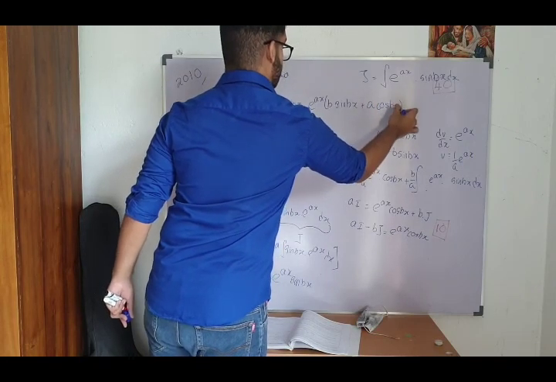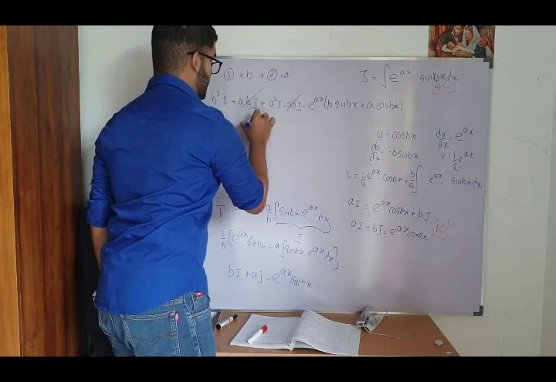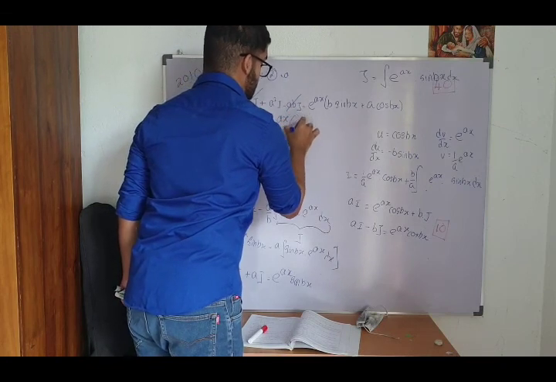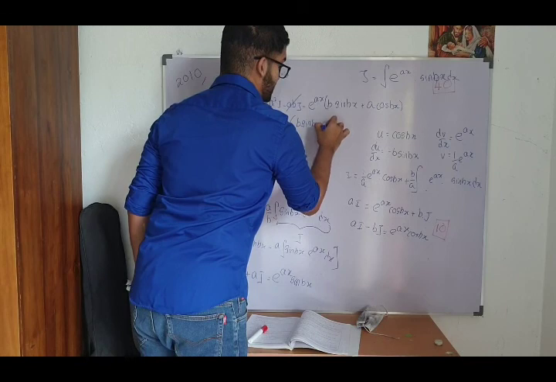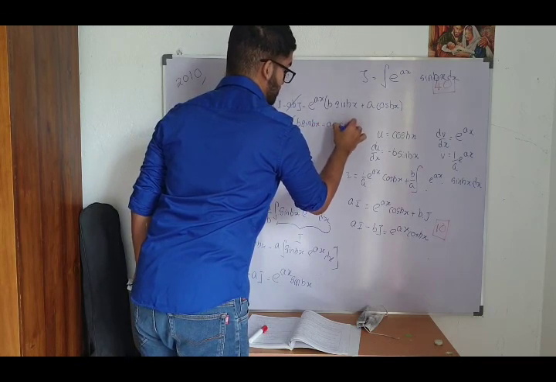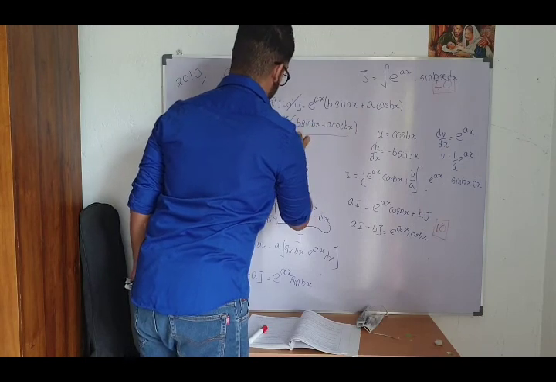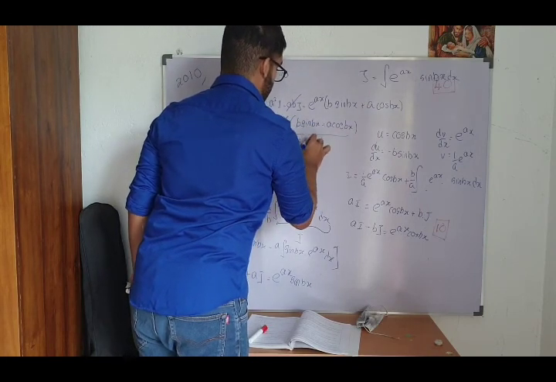So now you can cancel this and this out, and then you get I equals e^(ax) times b sin bx plus a cos bx, over a squared plus b squared.